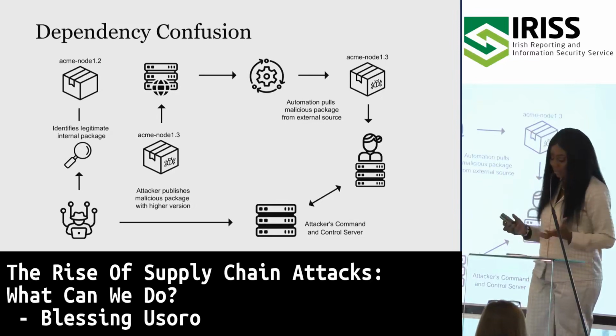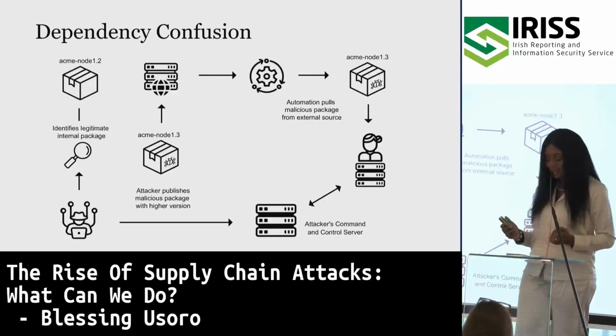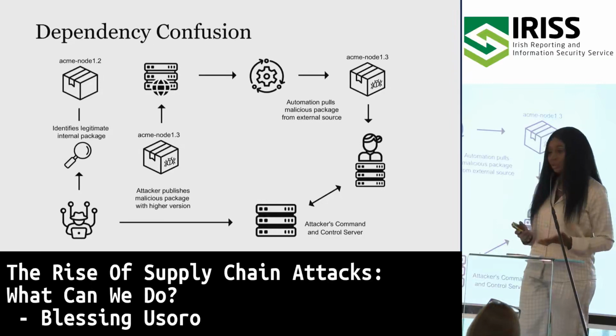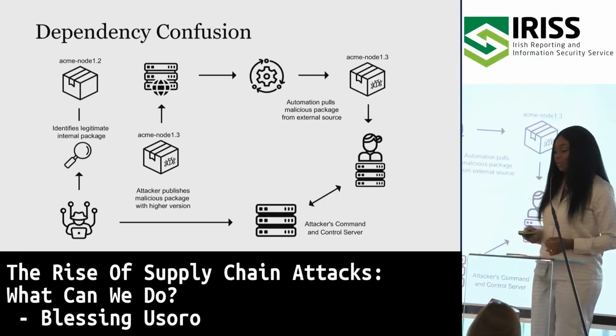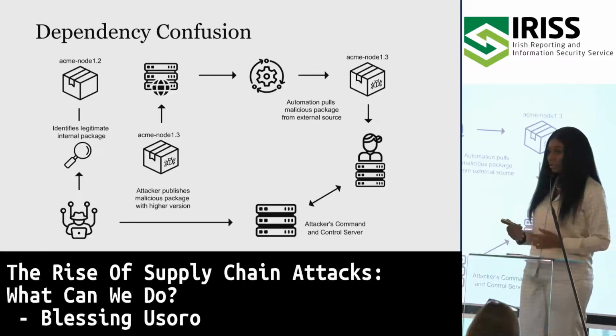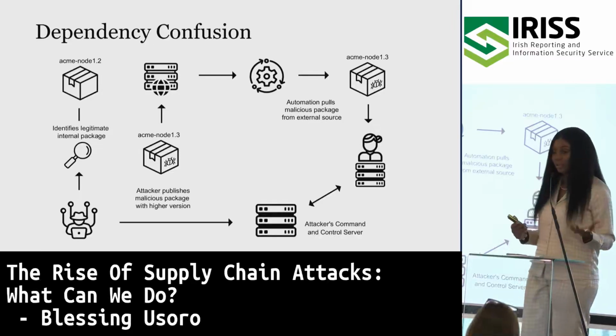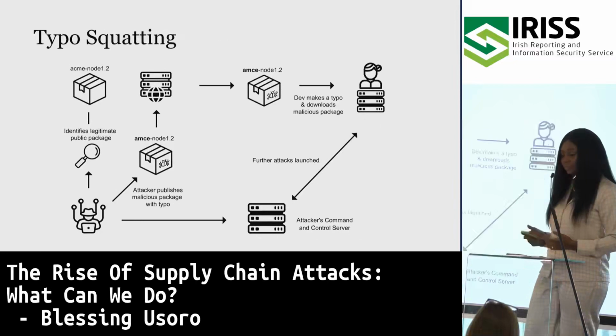And when they go external, in this case, they automatically download malicious code without knowing. Once again, it's an easy fix, right? So you have established a connection between your network and the attacker.